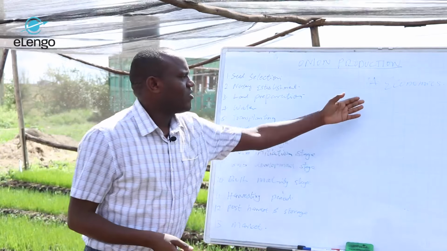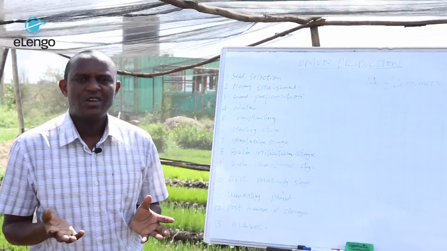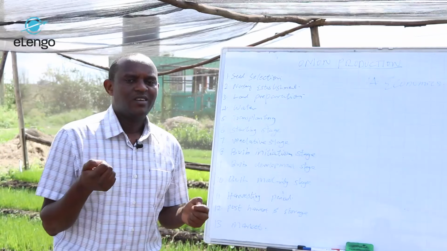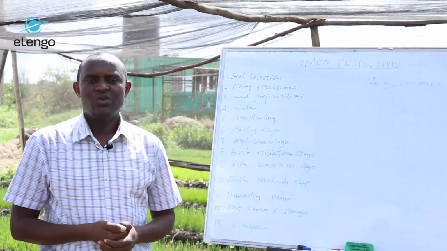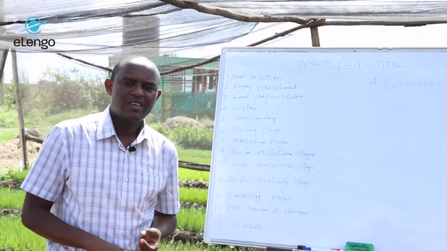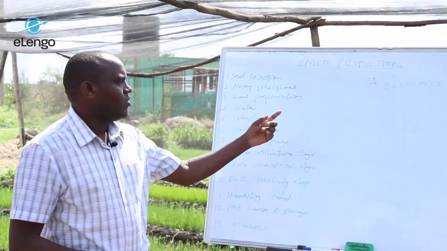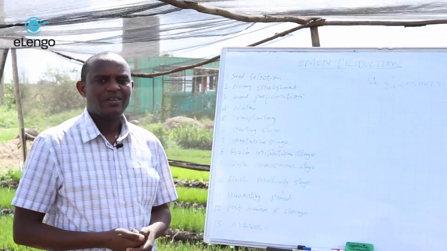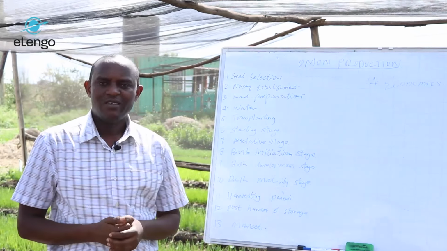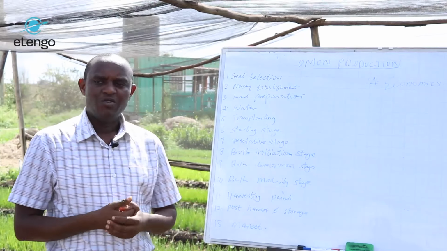And lastly, we are going to look at the economics of it all. As a student or as an agribusiness investor, there is the input that you put into onion production, your time, your energy, your finances, and we are looking at you having a return on investment. You get a return on your investment and also make a profit out of it.